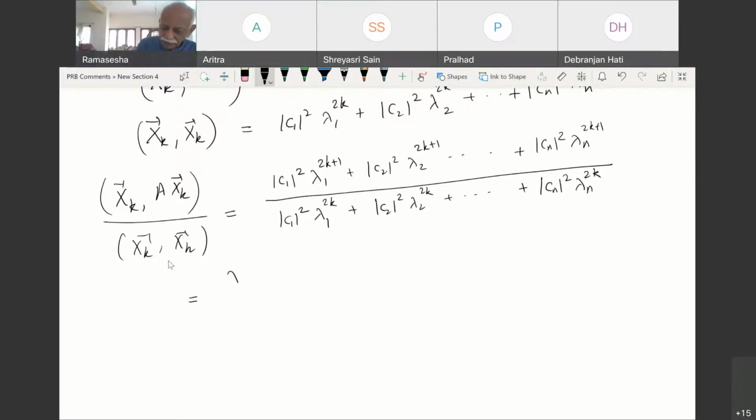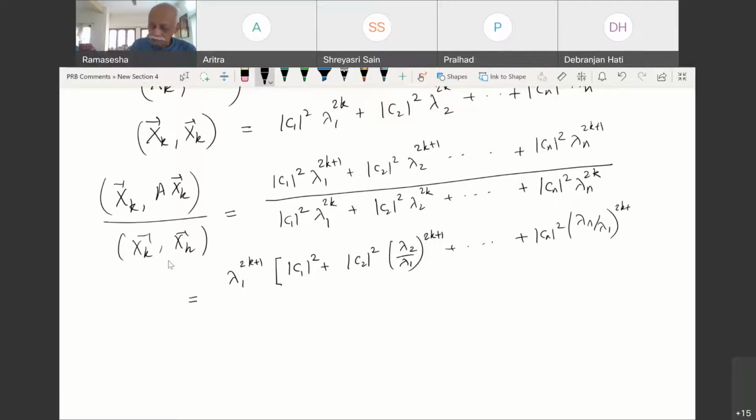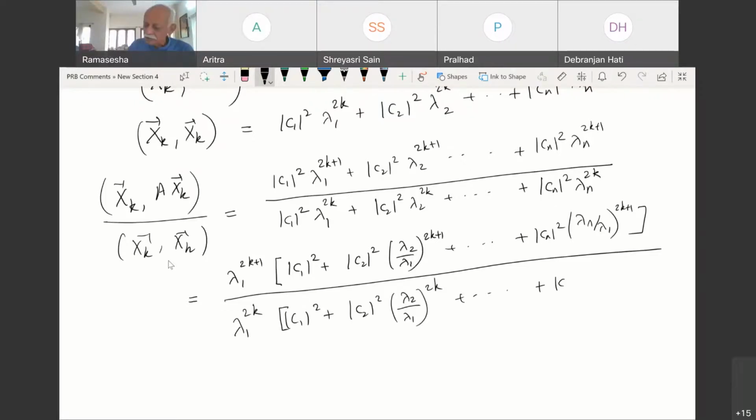So I can write this as lambda 1 to the power 2k plus 1 times modulus C1 squared plus modulus C2 squared lambda 2 by lambda 1 to the power 2k plus 1 etc. plus modulus Cn squared lambda n by lambda 1 to the power 2k plus 1, divided by lambda 1 to the power 2k times modulus C1 squared plus modulus C2 squared lambda 2 by lambda 1 to the power 2k etc. plus modulus Cn squared lambda n upon lambda 1 to the power 2k.